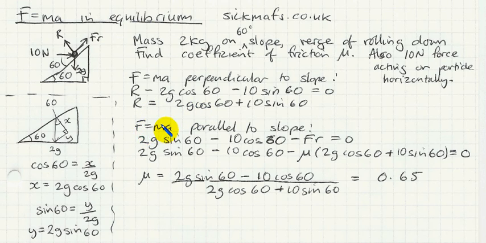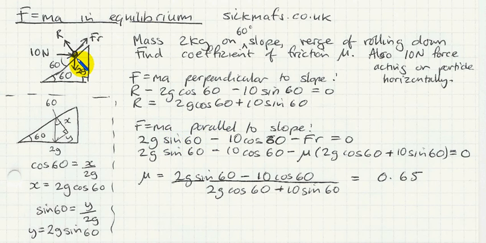Then I've got F equals ma parallel to the slope. Hopefully this will be quicker because I've explained all this basic stuff already. So parallel, as we said, that's the y bit, which automatically means sine 60. The weight force going parallel to the slope is 2g sine 60.